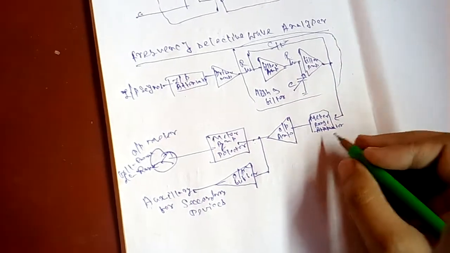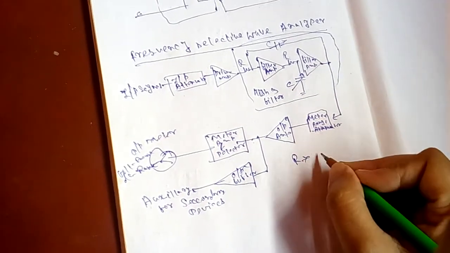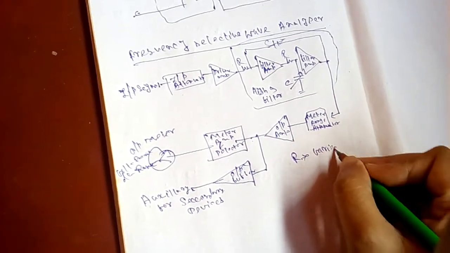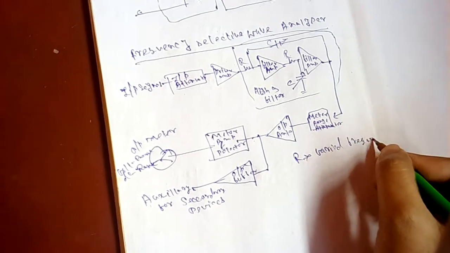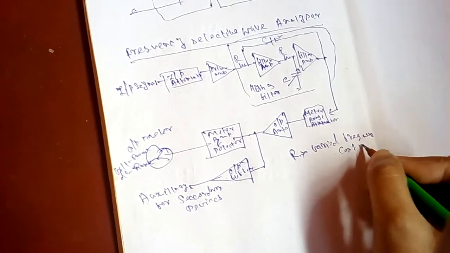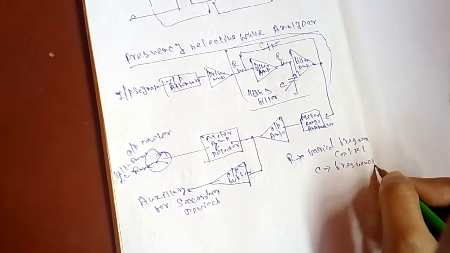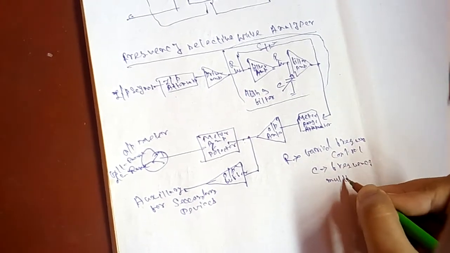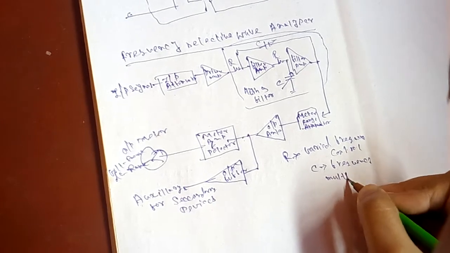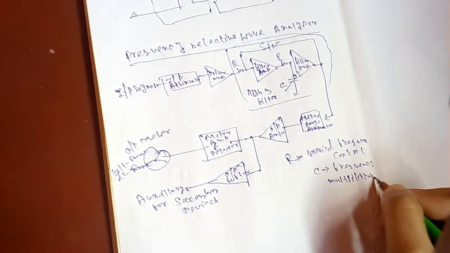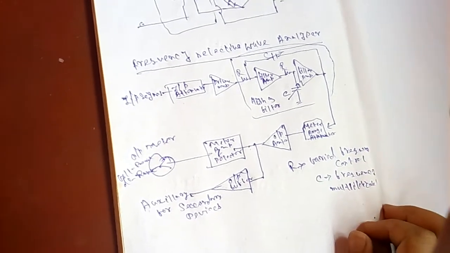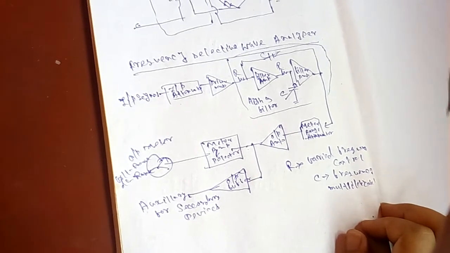R is varied for frequency control, and C is varied for frequency multiplication. So this is the basic RC circuit.